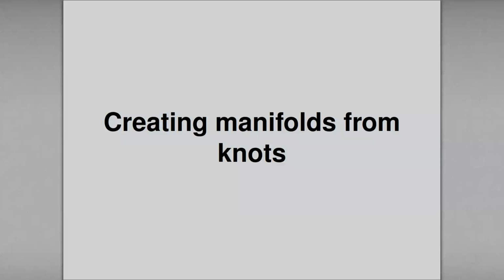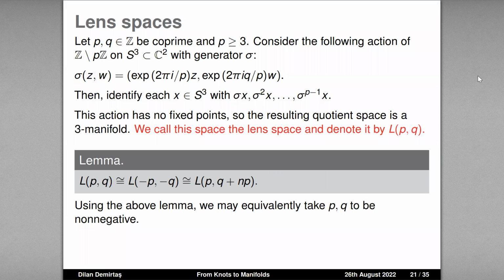Before delving into that discussion, I will define what a lens space is, because I want to build an example from that. We take 2 integers that are co-prime, let's say they are P and Q, and let P be greater than or equal to 3. And we consider the following action of Z over PZ on S3 with generator sigma. Sigma takes 2 points and rotates them in the following fashion.